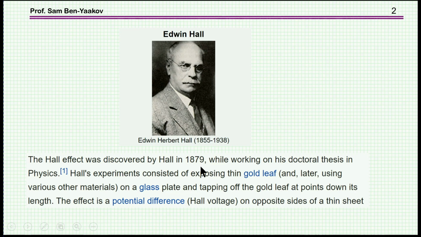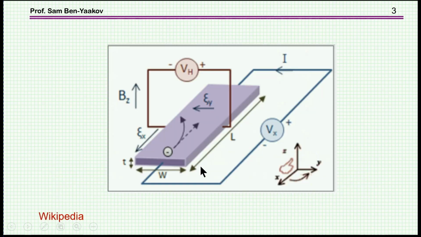I'm just showing this aspect of current sensing. Now, the basic concept of the Hall effect is based on the fact that when you have a current flowing through a conductor, shown here with the charge carriers as, say, electrons, and there is a magnetic field, there is a force on this current flow.